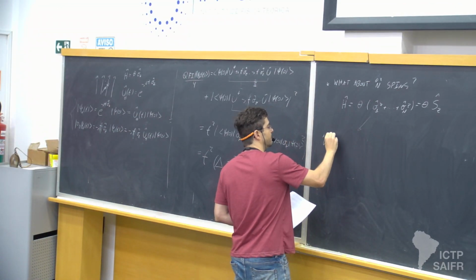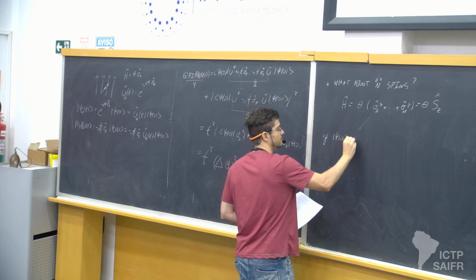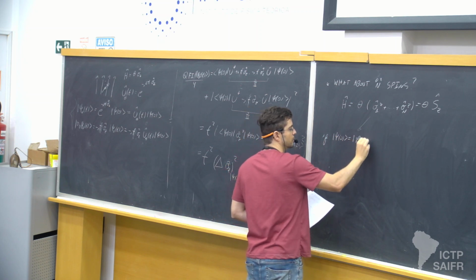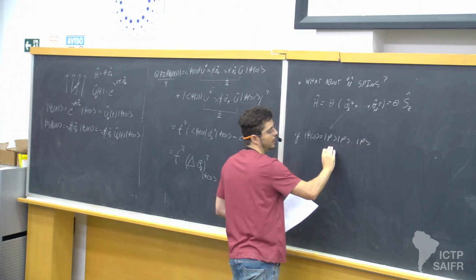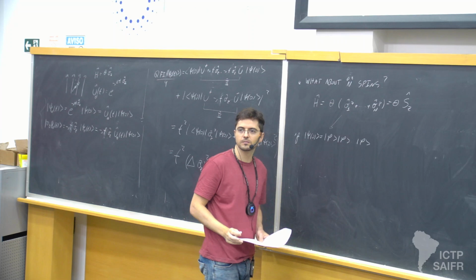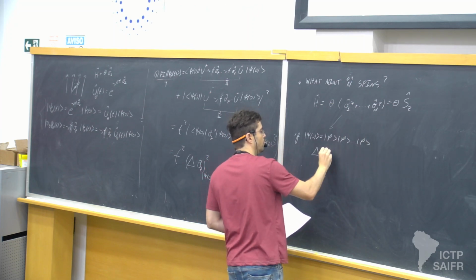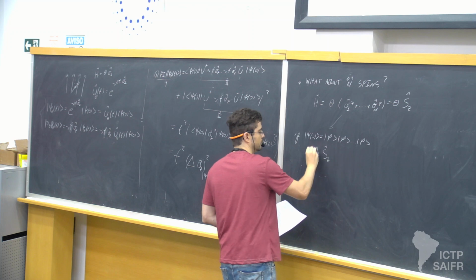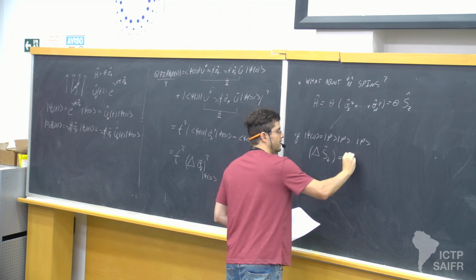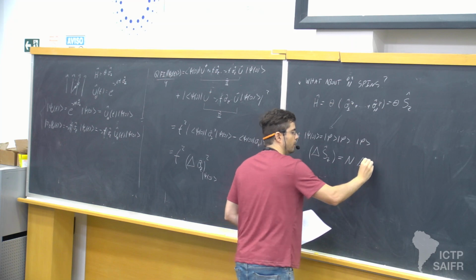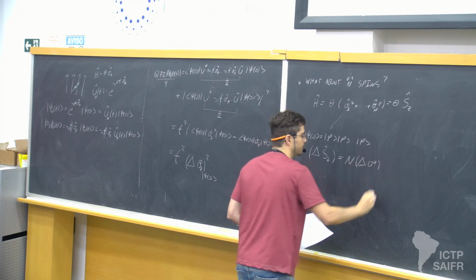The first one is that if we consider that the initial preparation of my system is just a bunch of separable spins, so they are now completely independent, then the variance of my global magnetic field is just n times the variance of the magnetic field for each one of my spins.